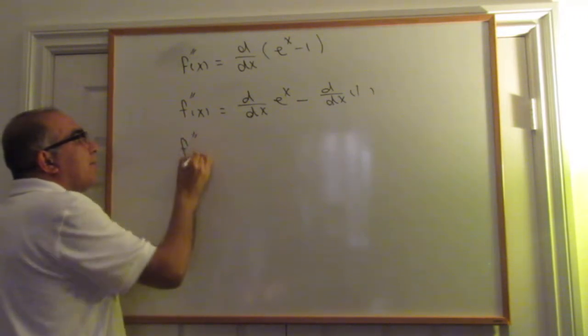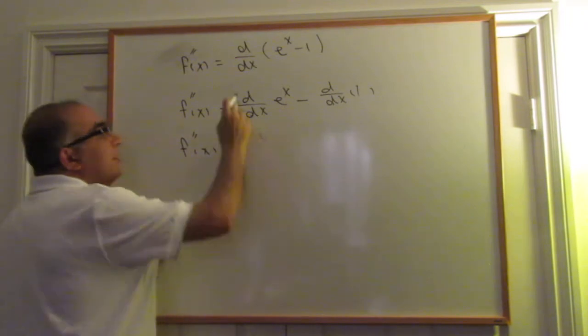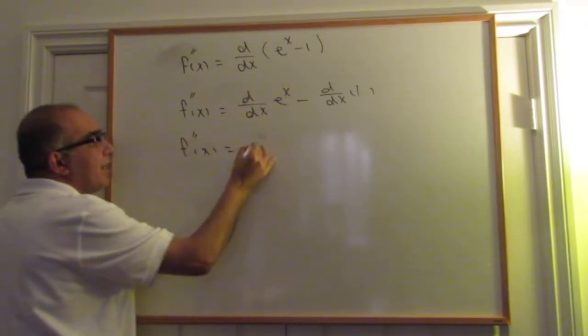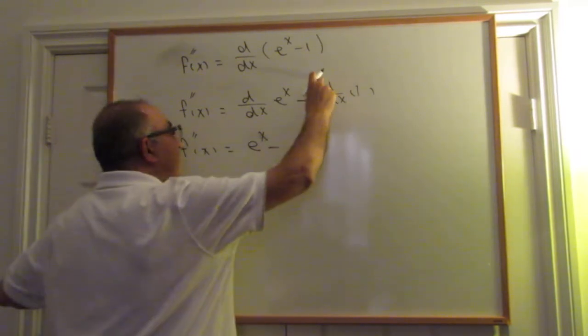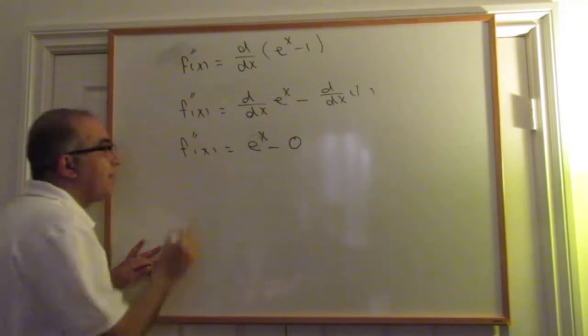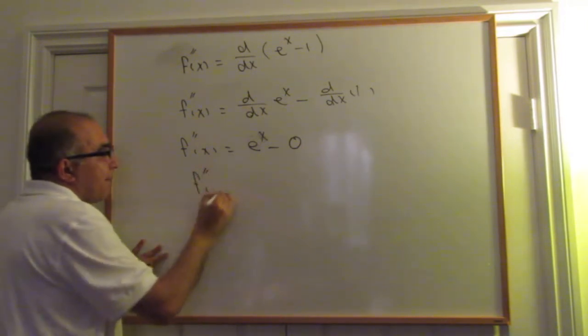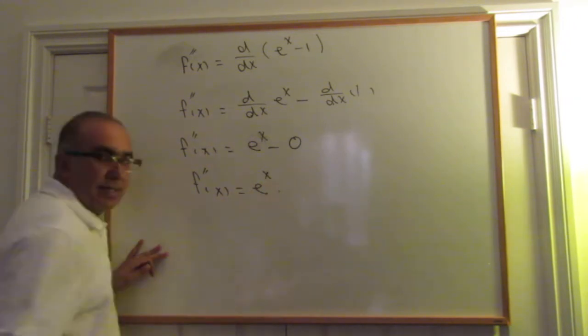Then f double prime of x equals d over dx of e to the x, which again gives you e to the x, minus d dx of a constant number, which is 0. Then f double prime x equals e to the power of x.